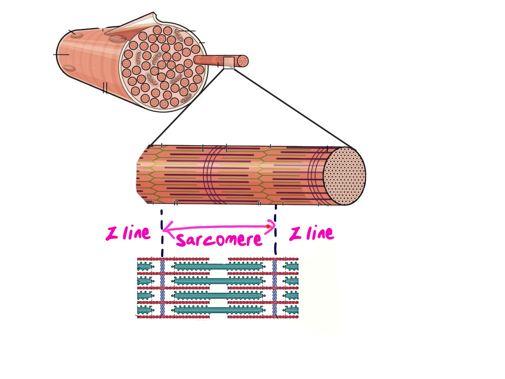And as I said, it's a really handy way of measuring the relative size of the myofibril, the relative size of the myofilament, and also the relative size of the muscle, okay? So when it's contracted, we can measure the size of a muscle by looking at the length of this sarcomere, so between Z lines.